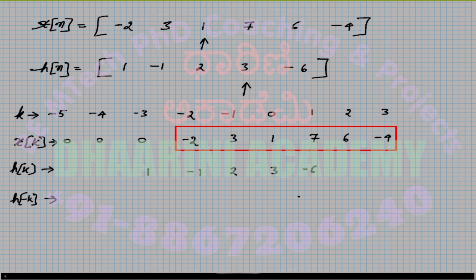When you flip this, what's going to happen? You are going to get the following signal. So at 0 I'm going to get the same thing, but others will get exchanged. So 2 comes here, -1 here, +1 here, and the -6 over here, and I'm going to get zeros all over this place.